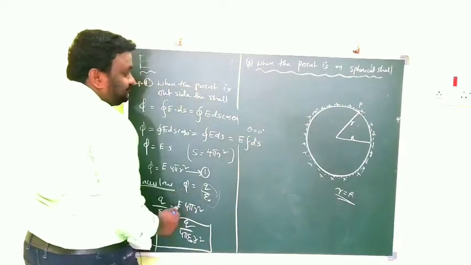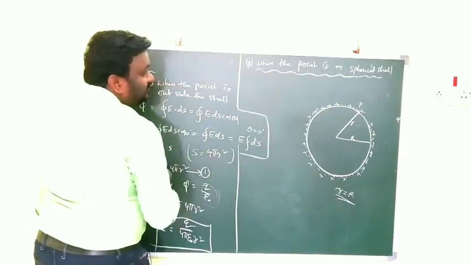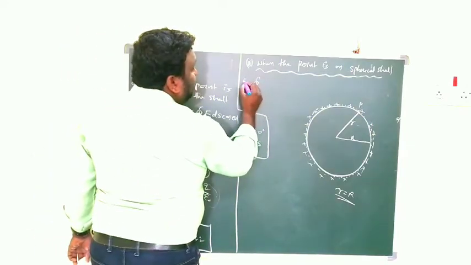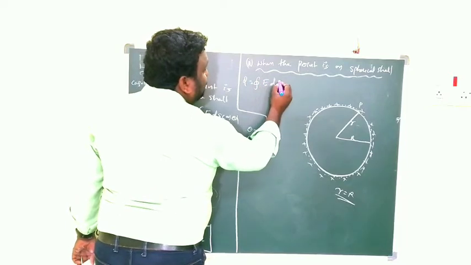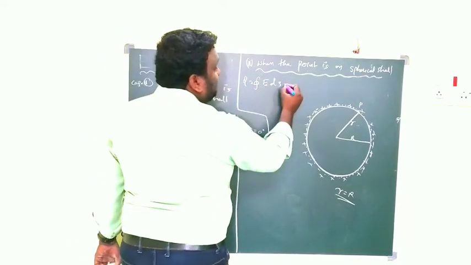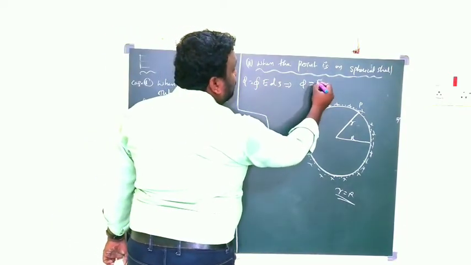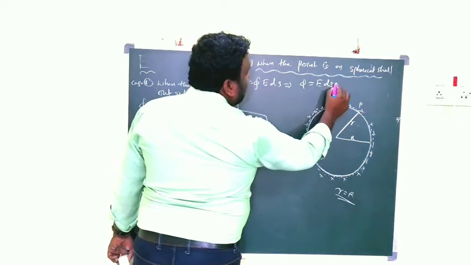Let us check. Again the same thing. Phi is equal to closed integral E dot dS, that means phi is equal to integral E dS cos theta.